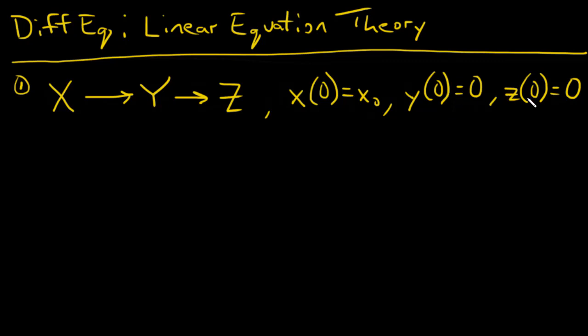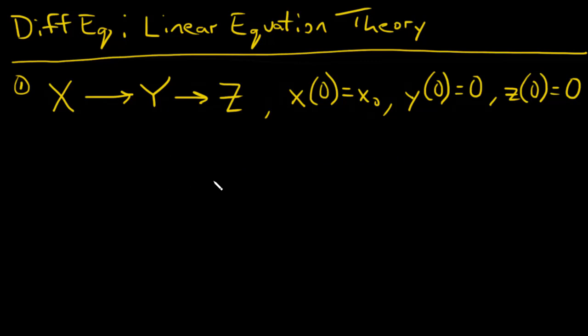So we didn't have any of y or z when we started. We just had the x, but the x is going to decay into y, which is then going to decay into the z element.